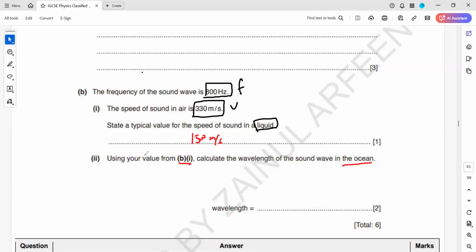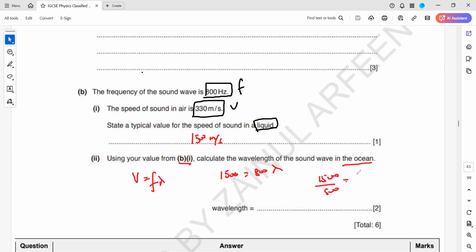Ocean means liquid. So we'll use the formula v equals f lambda. Frequency never changes, so the frequency is 800. And what about the speed? We use our answer, so it will be 1500. The frequency is 800 and lambda is unknown. 800 is multiplied, so on the other side it is divided.